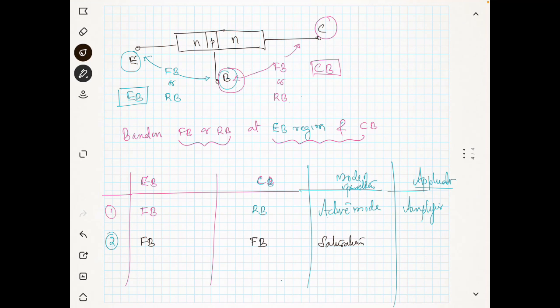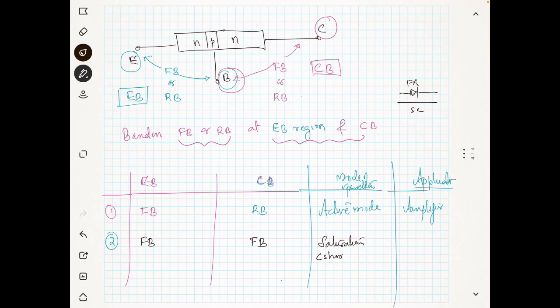You know that whenever we connect in forward bias, we have a current. So if both are forward biased, your transistor will act like a short circuit, because if you give a diode forward bias, it acts like a short circuit.